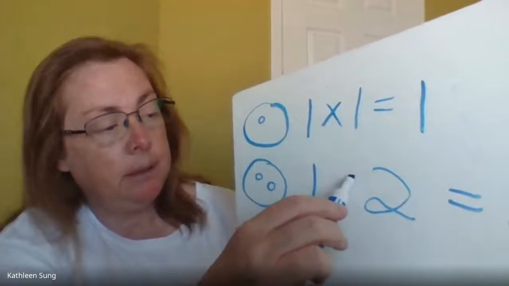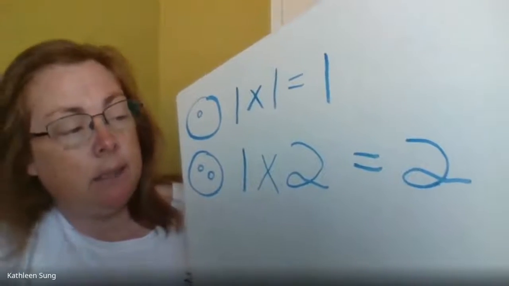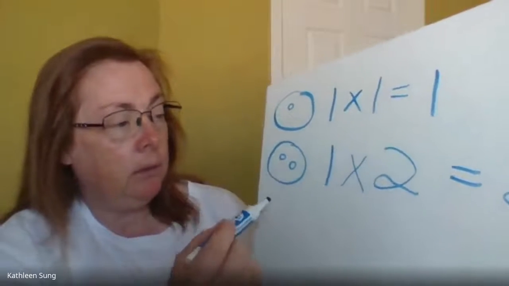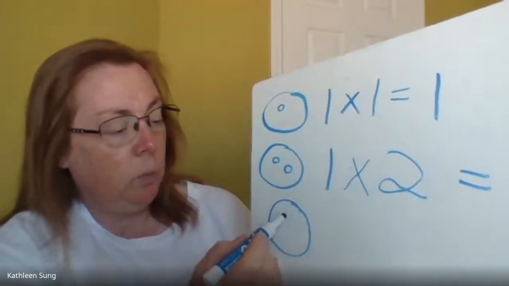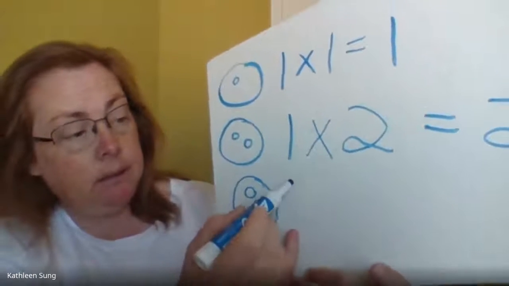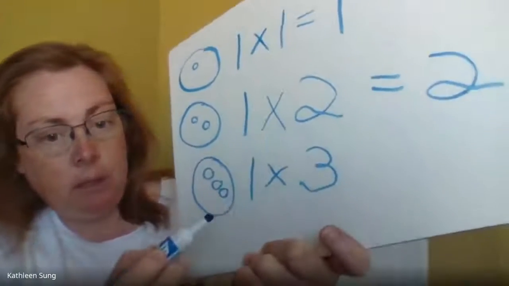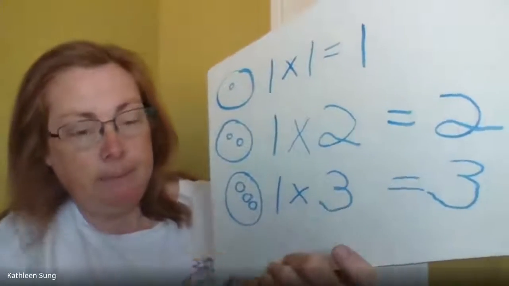That would be 3. So we want 1 plate with 2 cookies on it, and that's going to get us to 2 cookies, right? All right, so then we have 1 plate with 3 cookies on it. So 1 plate with 3 cookies on it equals 3.